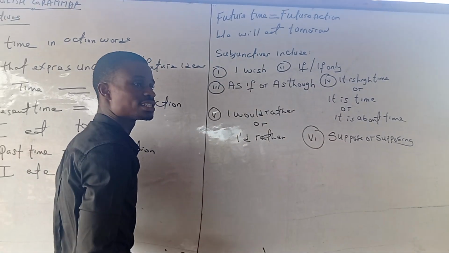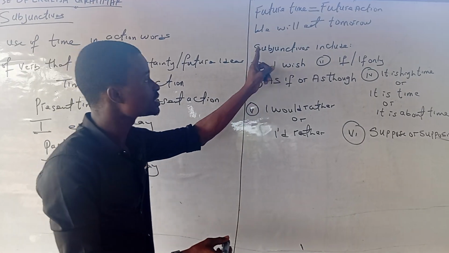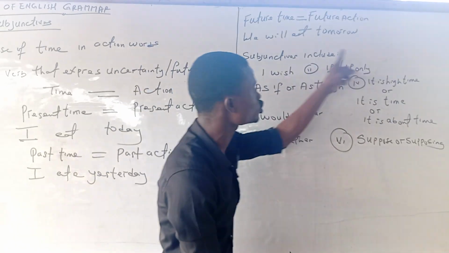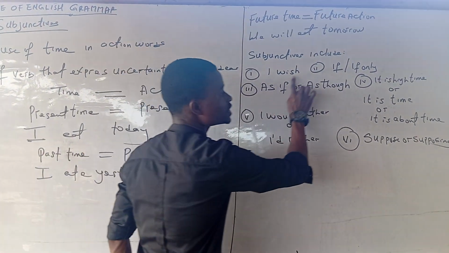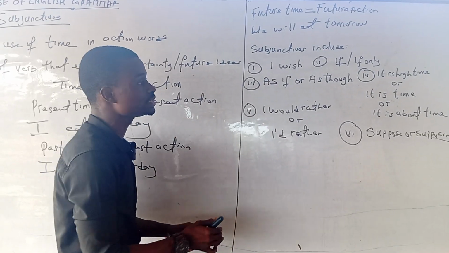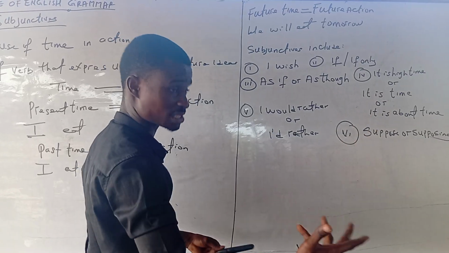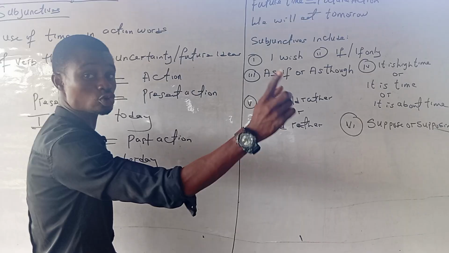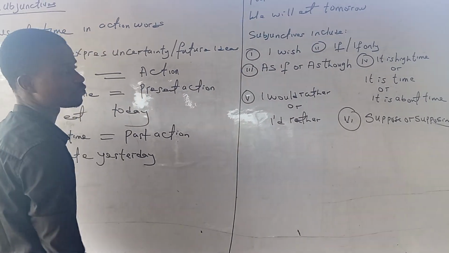So as a WAEC student, take note of these six. Even if you're a UTME or post-UTME student, take note of these six. All of these six are the commonly used subjunctives in Nigerian basic exams. In WAEC, in NECO, in post-UTME, and also in JAMB, you are going to have this kind of thing.